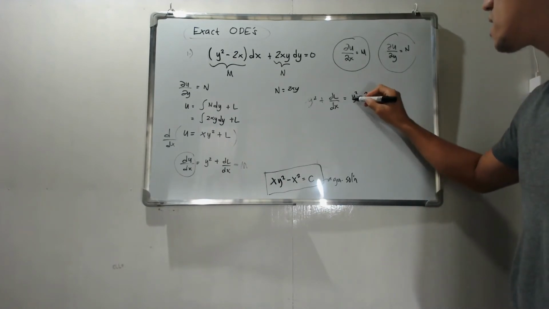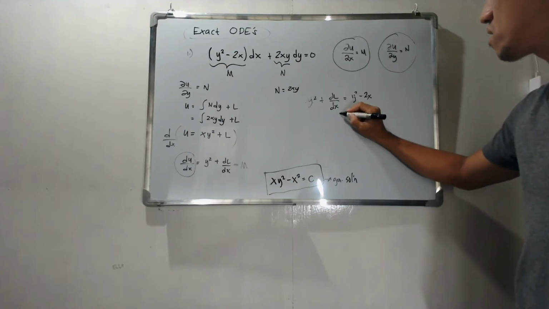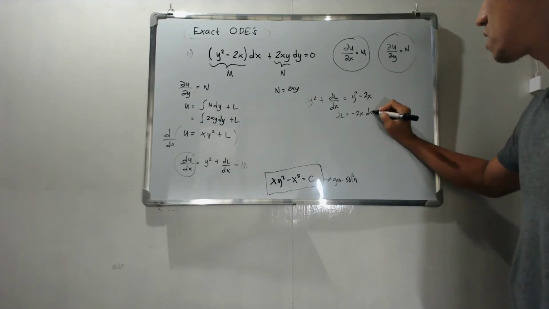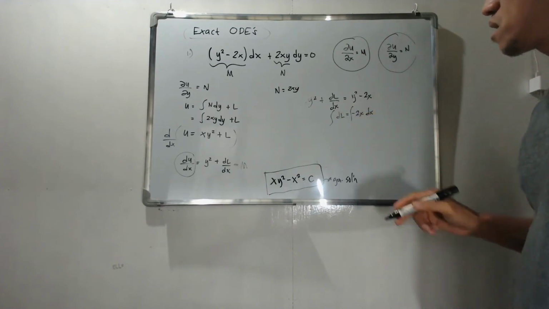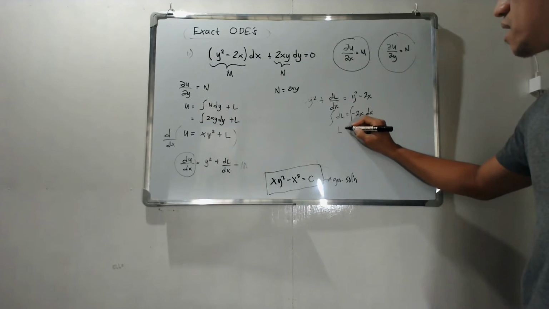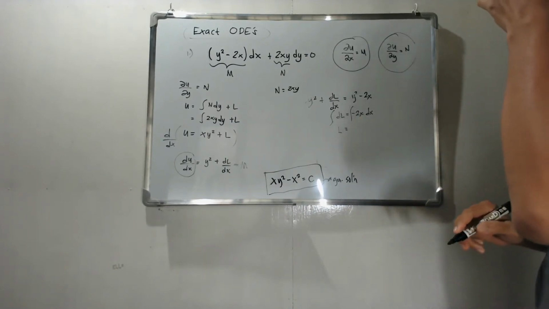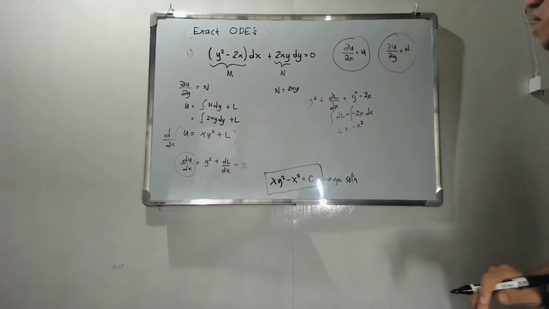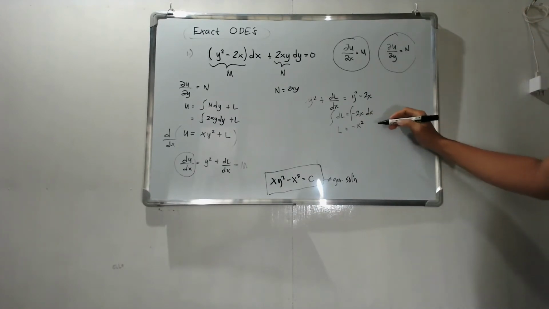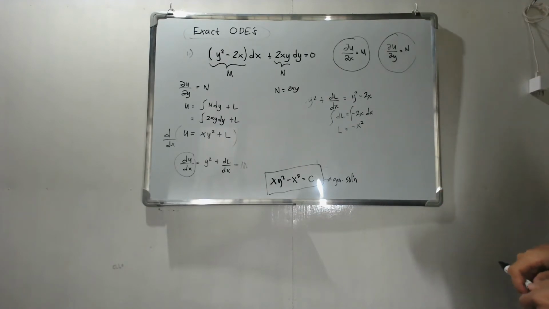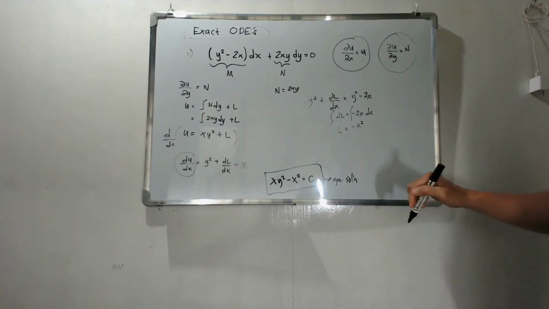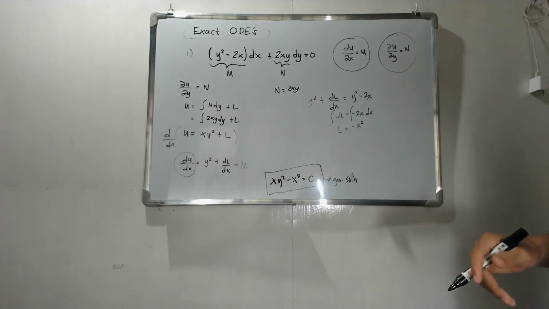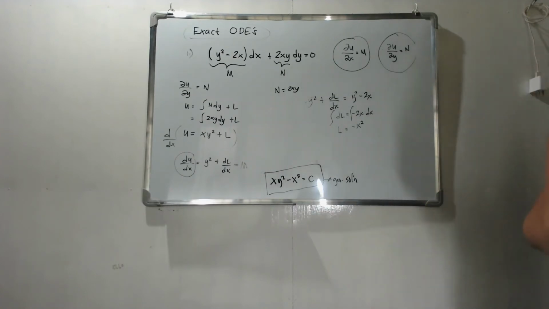So y squared cancels. Therefore, L is just equal to negative x squared. Okay? Do we need to add plus c? No, because the constant is already combined.